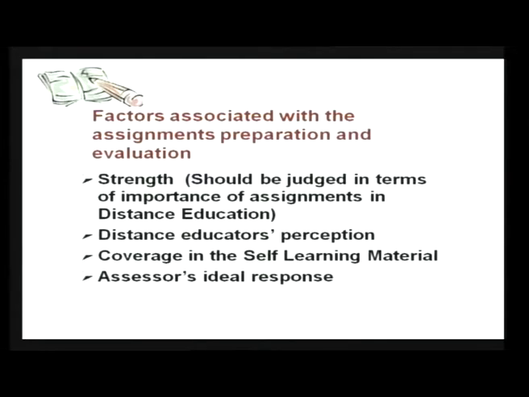Another important point is the assessor's ideal response. Who is the evaluator? Say for example, I told you that there are 100 evaluators. Each evaluator can develop an ideal response before going through the assignments, because one evaluator will go through many assignments, but not all the responses at a time. Maybe he or she will go through one assignment response in February, another in March, another in April or May.